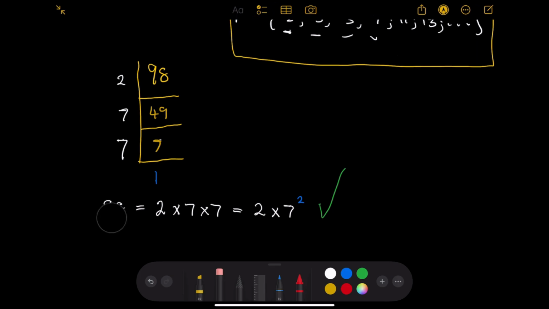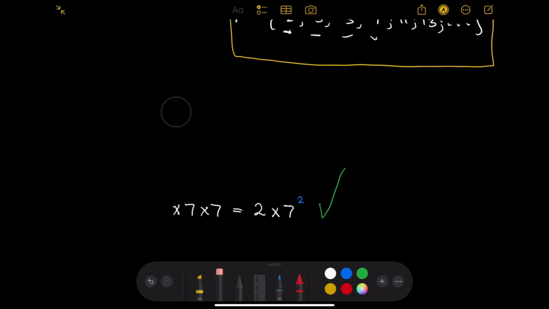So lastly, this method is specifically used for very large numbers, right? So let's think about a number. What number can we use? Let's think about the number 1,800.